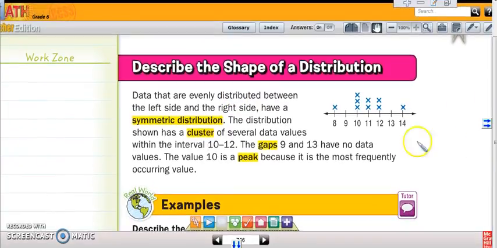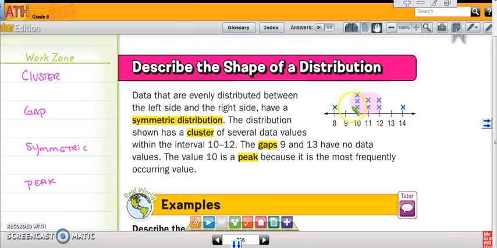In this example, we have the words cluster, gap, symmetric, and peak. Are there any chunks of information? Yes, this guy right here is a cluster.